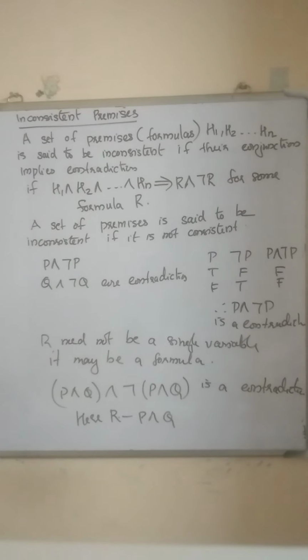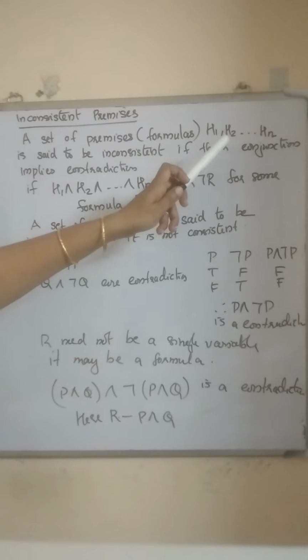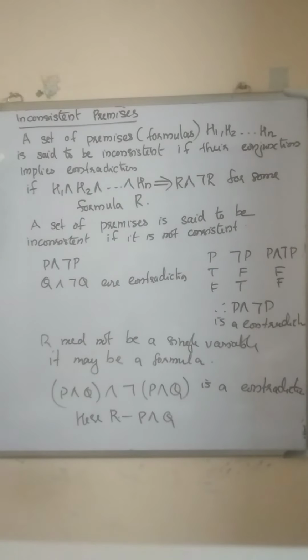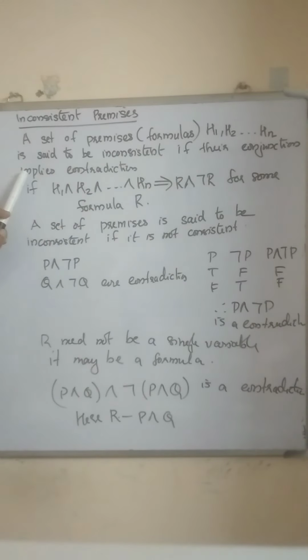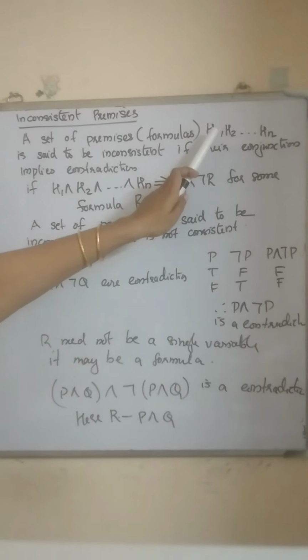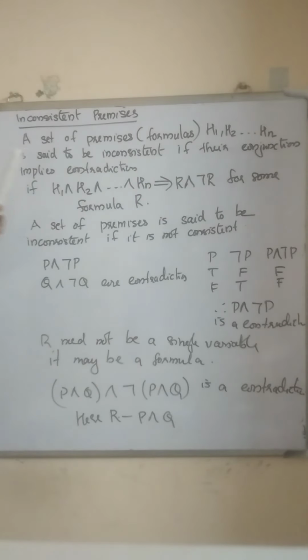Now we discuss inconsistent premises. A set of premises or formulas H1, H2, etc., Hn is said to be inconsistent if their conjunction implies a contradiction. That is, H1 and H2, etc., Hn is a contradiction.